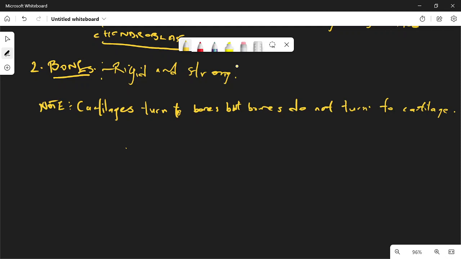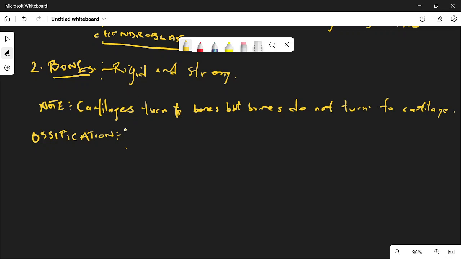So the process of changing the cartilage to a bone is what we refer to as ossification. Ossification. So what is ossification?